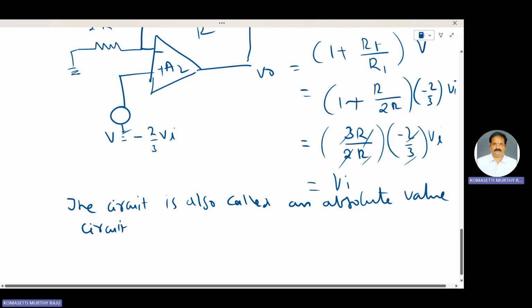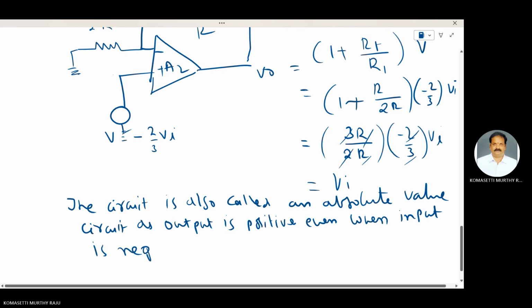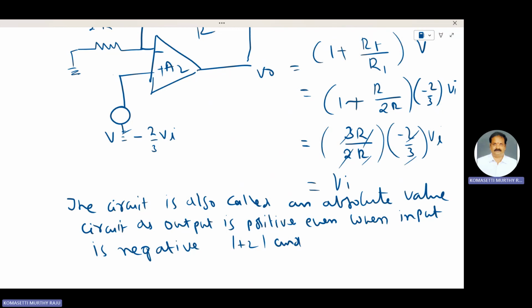The output is positive even when the input is negative. For example, mod plus 2, and minus mod minus 2 is plus 2 only.